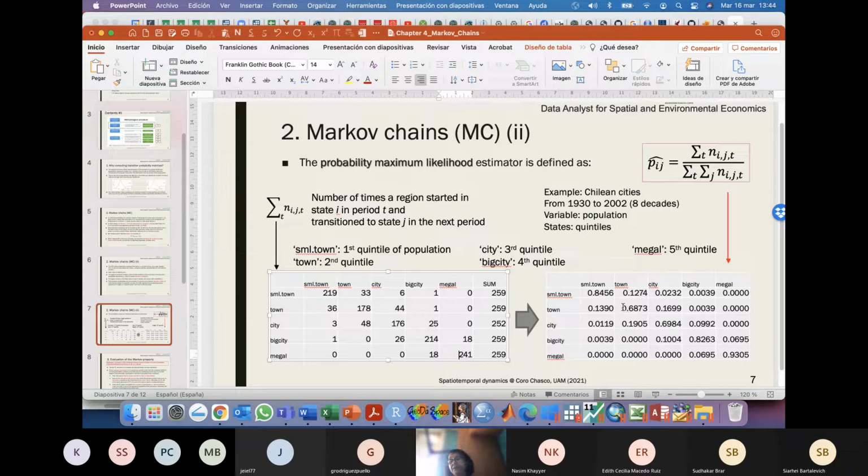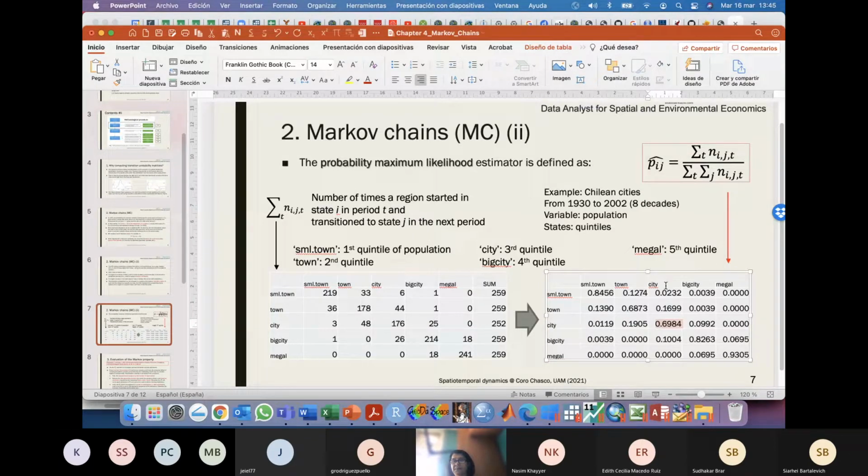So it is logical that we find the lower values for the main diagonal in the intermediate classes, because in the intermediate classes you can more easily find these jumps going up and down.